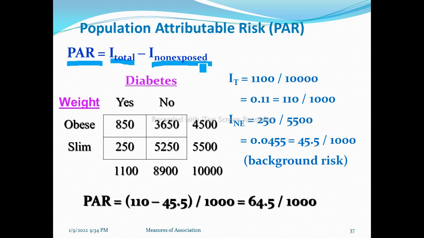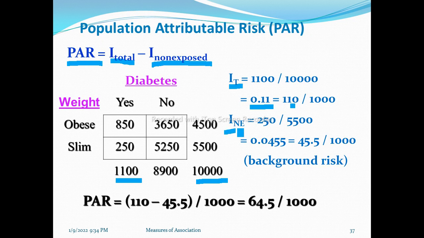So this is diabetes, this is weight: obese is exposed, slim is non-exposed; yes is with diabetes, no is no diabetes. Incidence in the total population means 1,100 over 10,000, so this one divided by this one, which is 0.11 or 110 per thousand.